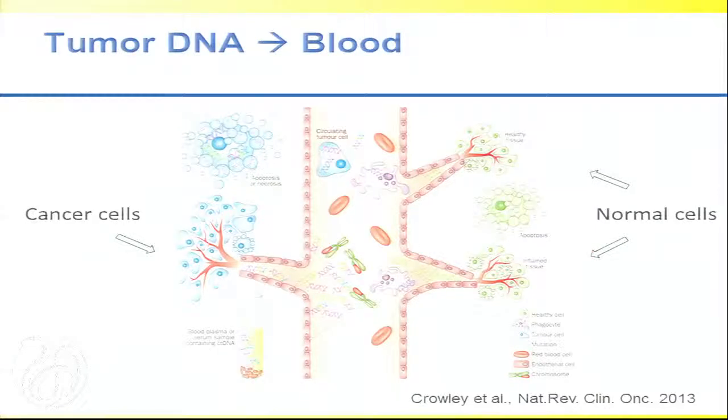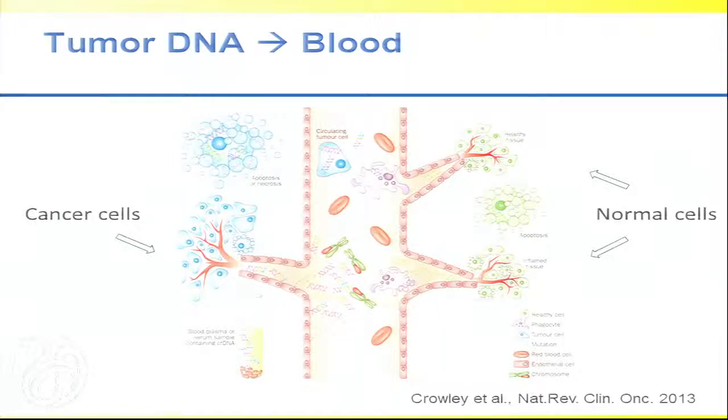So this is a schema from an actually excellent review article on circulating nucleic acids that illustrates the origin of circulating tumor DNA and also what we eventually find in the bloodstream. On the left side of the slide, you see in blue the cancer cells that are undergoing apoptosis or necrosis and that shed cell-free DNA into the blood.